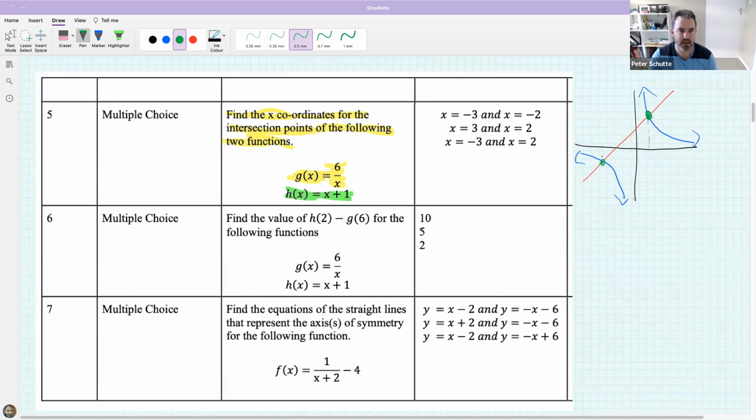Ayanda has said equate them. Tsepo has said simultaneously. I agree. All you need to do is equate them, and then solve that equation. So I will let you do that by yourself and tell me which of the 3 options you think is correct.